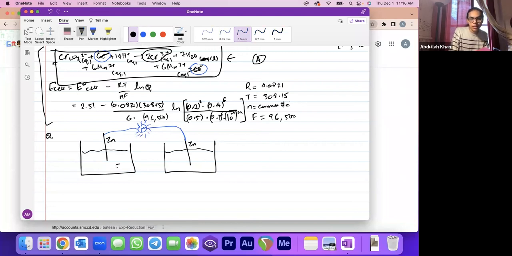And the solution contains zinc 2+ ions. Or they could say that the solution is like zinc sulfate, which contains zinc 2+ ions and SO4 2-. This we don't care. As long as you have zinc 2+, among other things, you're fine. But this one is 0.1, and this one is, say, 1.